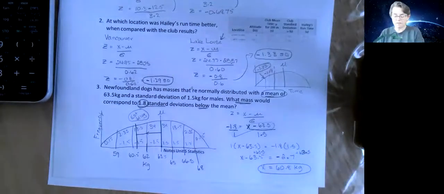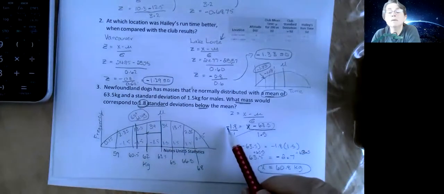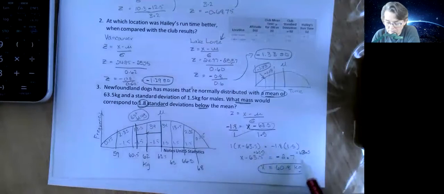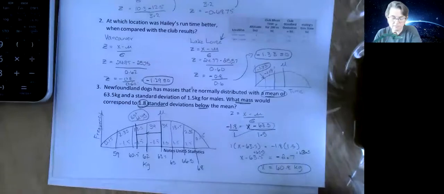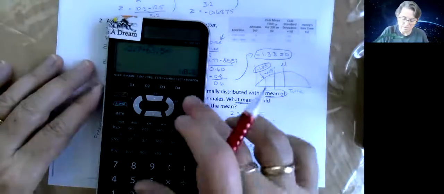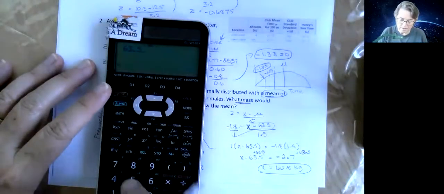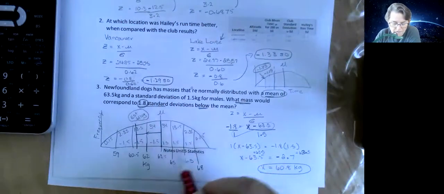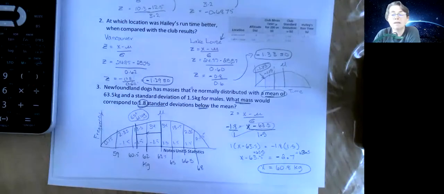And by the way, if you had missed this negative here, this would have been a positive, and you would have ended up adding these two together. 63.5 plus 2.7, you would have got an answer about 66, somewhere over here. So that's another reason why drawing that curve is going to help you. It will catch you if you make a sign error.